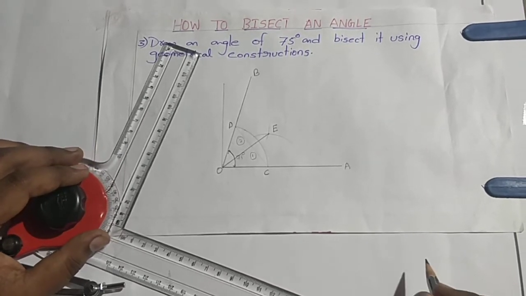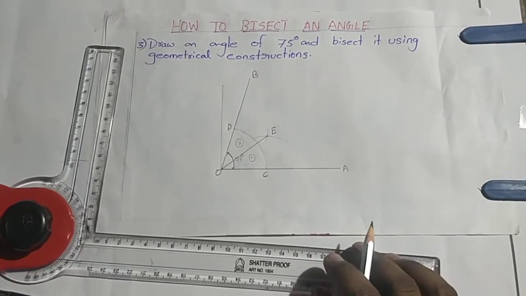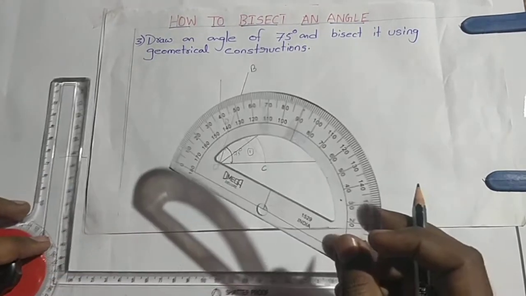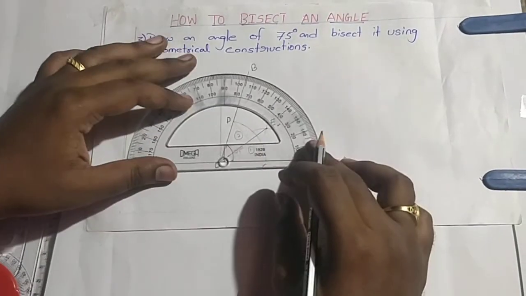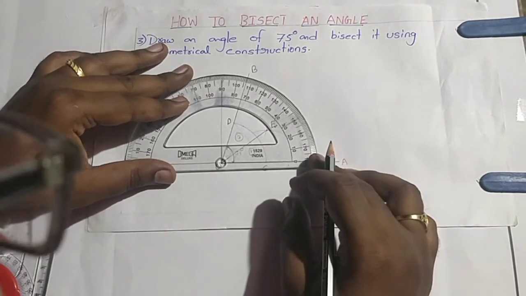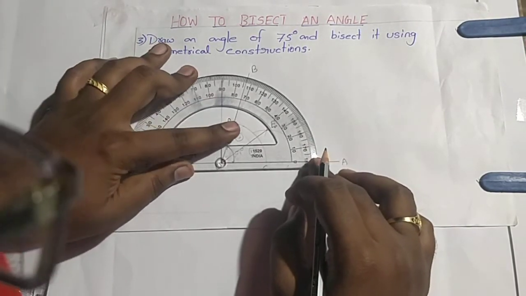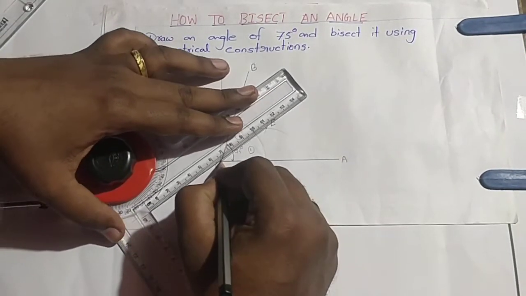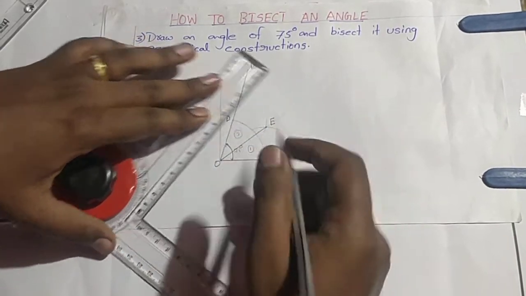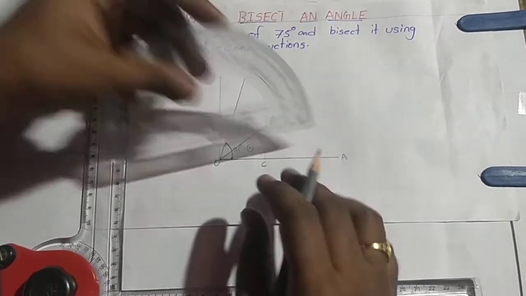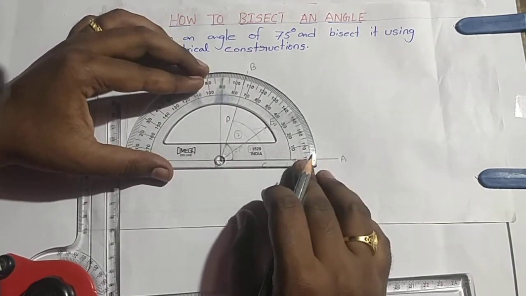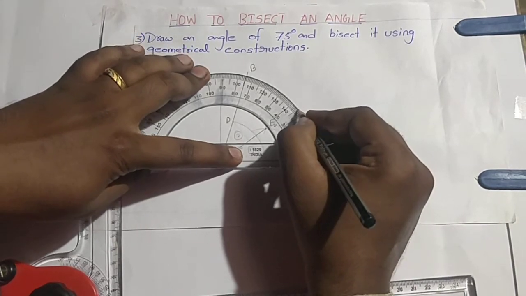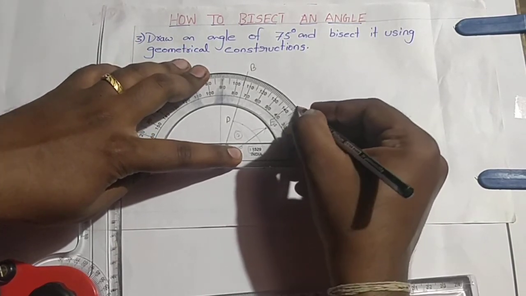Now measure the angle between the horizontal line and the bisector by using the protractor. Here this is 30, 35, 36 and 37.5.